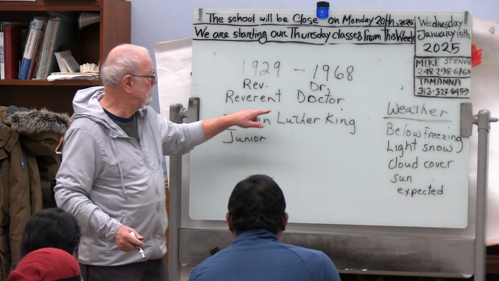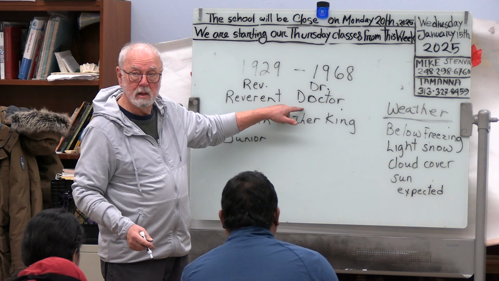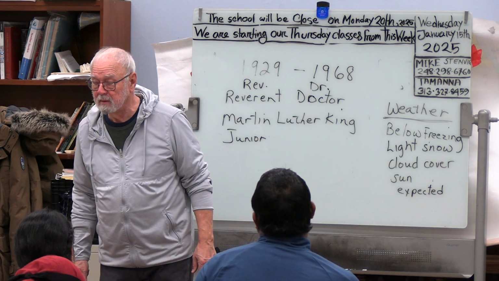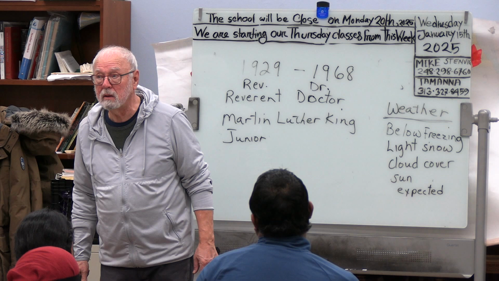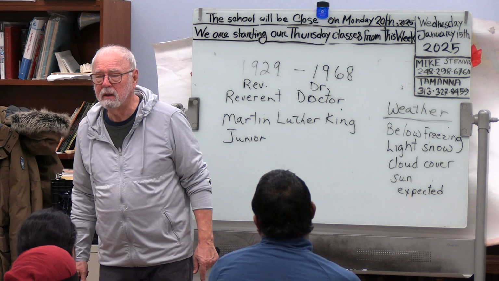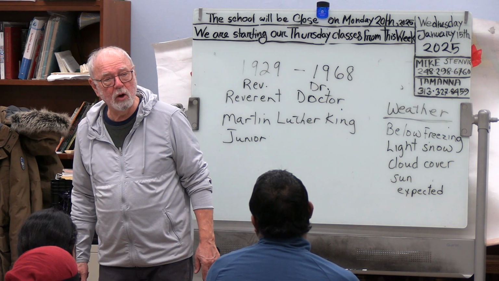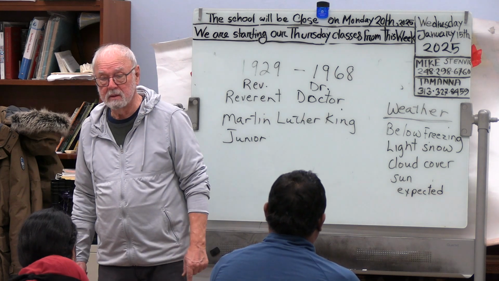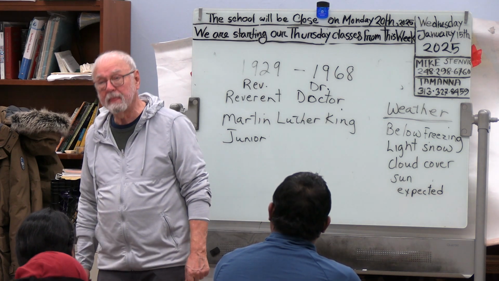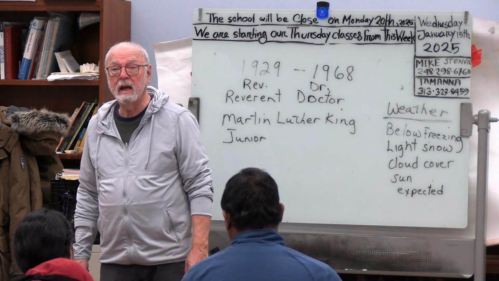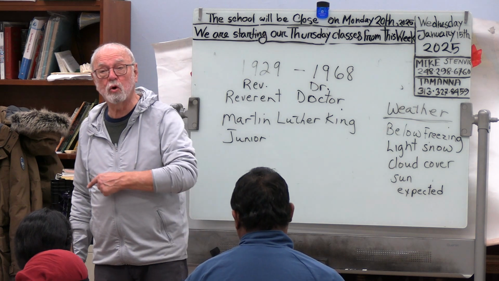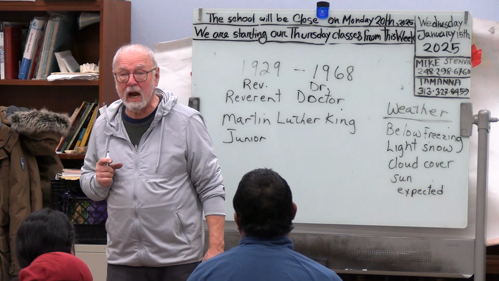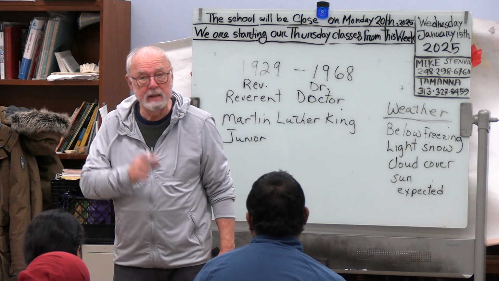This one, Doctor. What is a doctor? We know medicine. But a doctor is a person who goes to school to study something and gets a doctor degree, not only a medical degree.